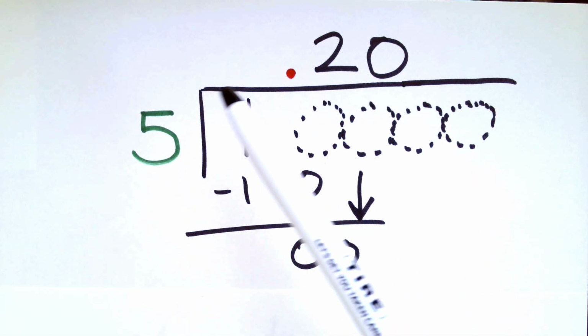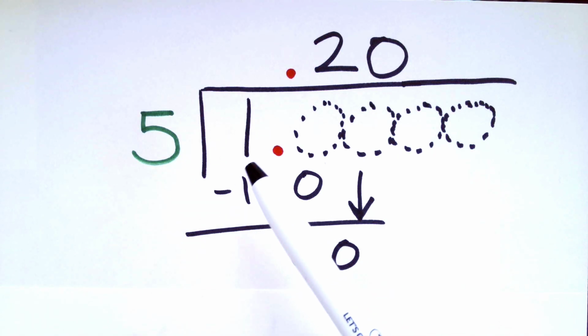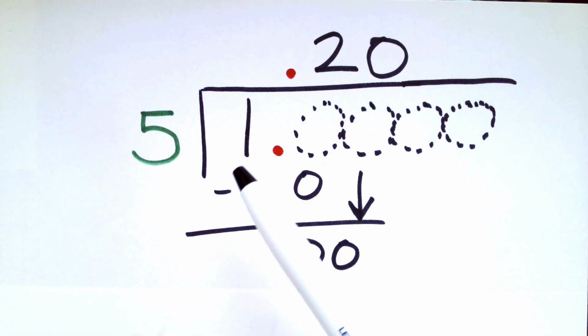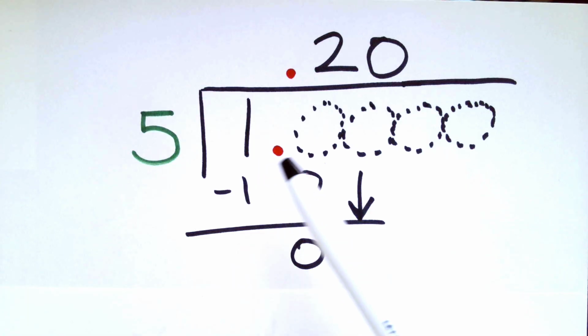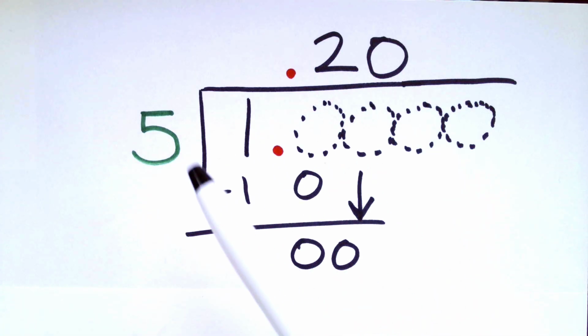So there is a placeholder 0, because no whole number times 5 will give me the product of 1. So I'm going to move 1 digit over. Now my target isn't 1, now my target is 10. What number times 5 will get me 10? Well, 5 times 2 gets me closest without going over.